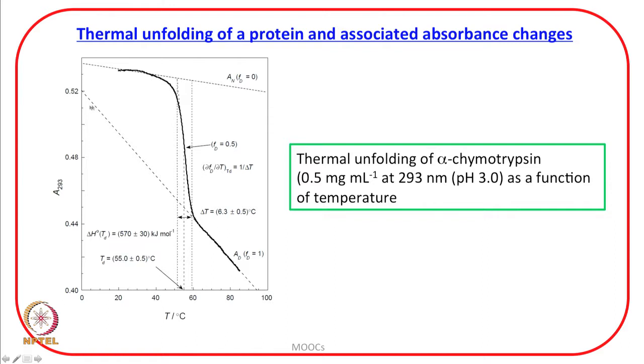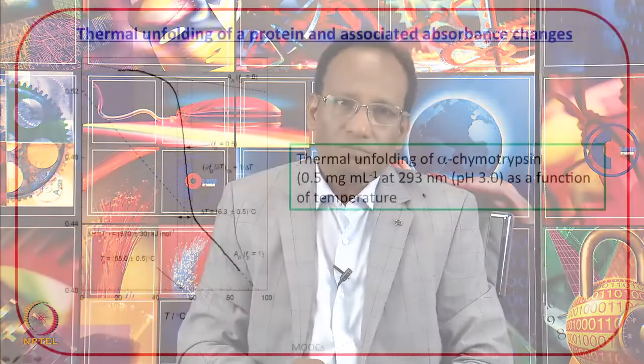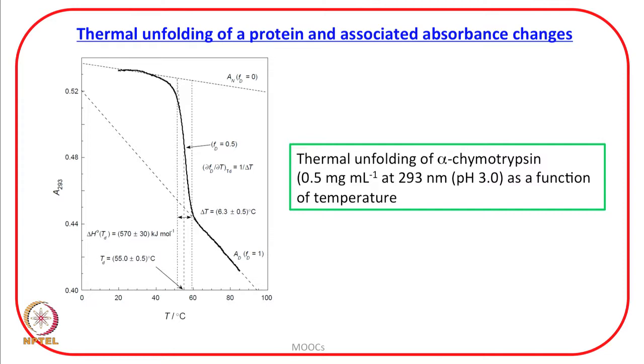Now, how do you choose the wavelength? This study is to be done at a fixed wavelength. You fix a wavelength, and at that fixed wavelength you change the temperature and monitor the absorbance changes. When you study the thermal unfolding of a protein by UV visible spectroscopic measurements, the wavelength selected is 293 nanometer, or it should be a wavelength where the difference in the absorbance of the native state and the denatured state is maximum.